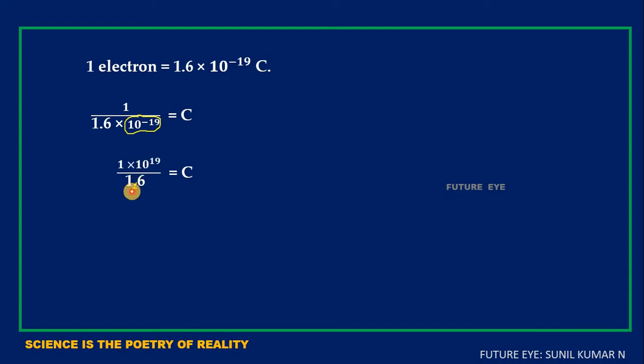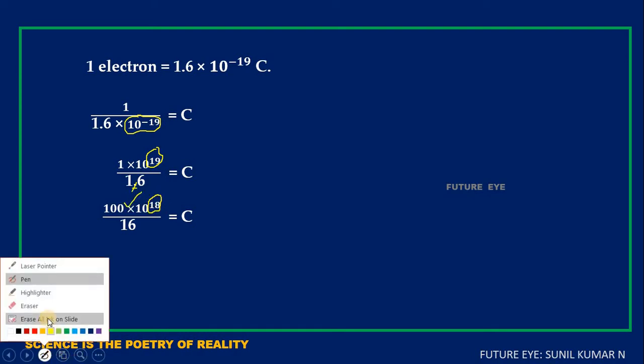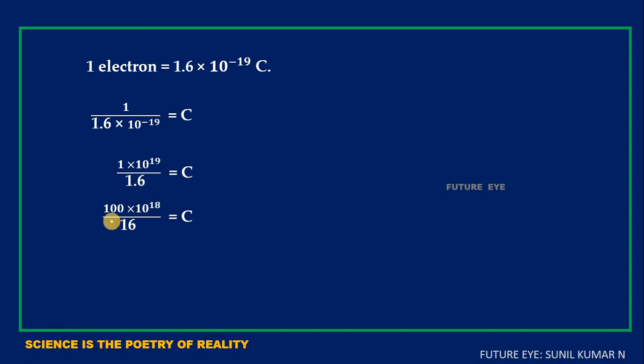I'll remove this point. As you remove the point in the denominator, you have to take 1 zero in the numerator. And here there is 10 to the power 19, I am removing 1 zero from that and taking that zero here. Hence it has become 100. Why did I do it like that? If there is only 10, I cannot divide by 16. Hence I have made it 100. Now 100 divided by 16, children.